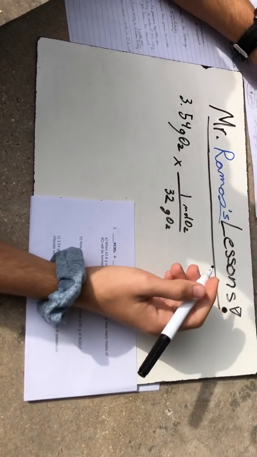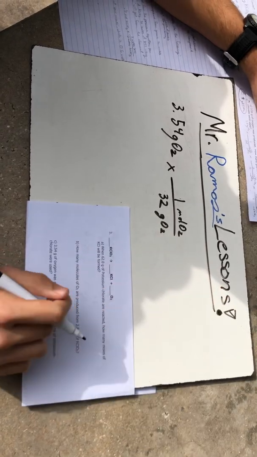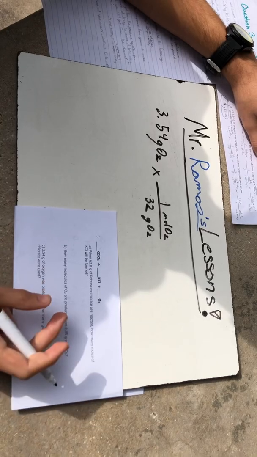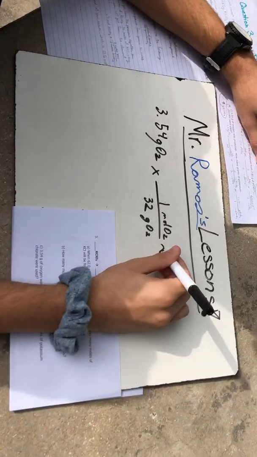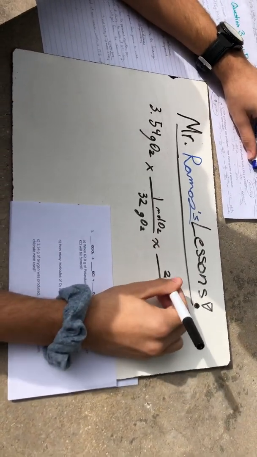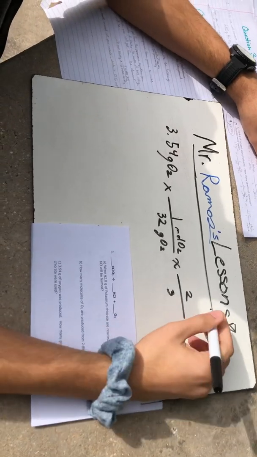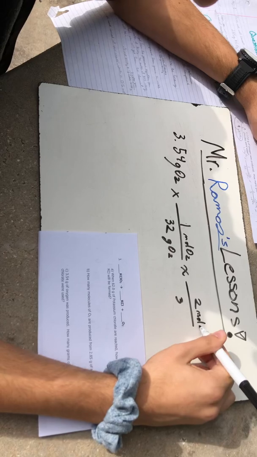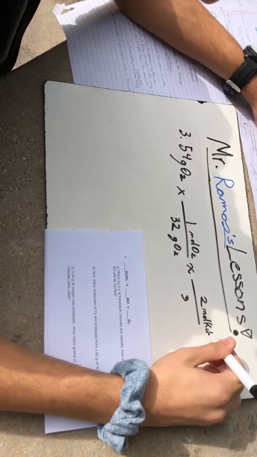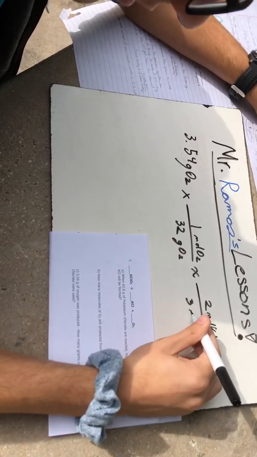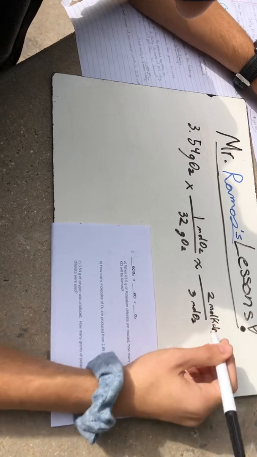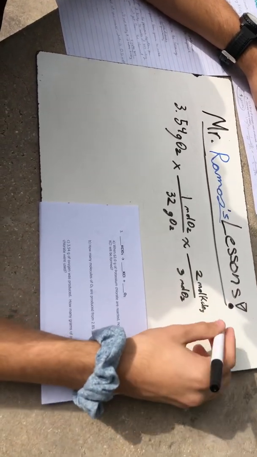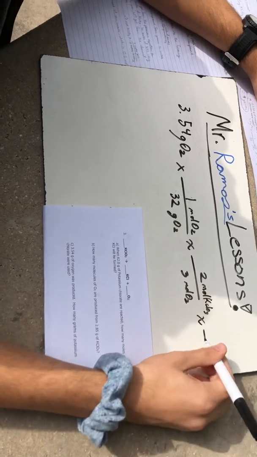Next step of our equation, we are going to be wanting to get to grams of potassium chlorate. Therefore, we must first convert into moles of potassium chlorate. We will do that using the molar ratio, which we get from the coefficients of our chemical equation that we balanced at the start of this video. And the last step of the equation will be just to convert into grams of potassium chlorate.